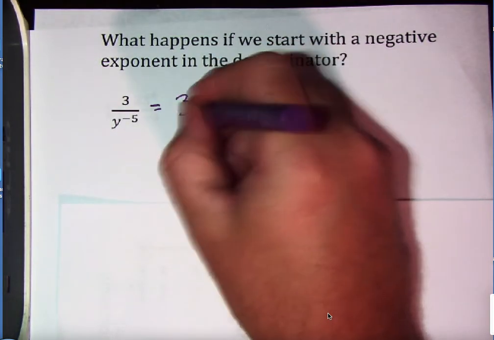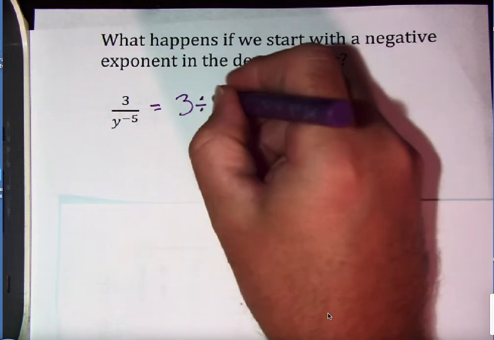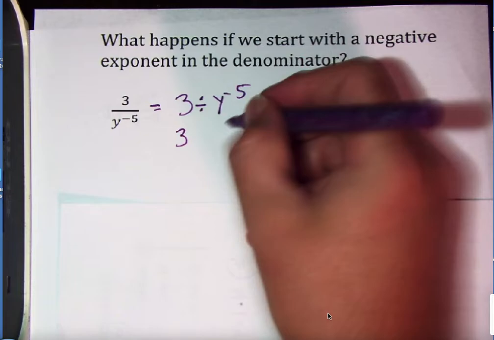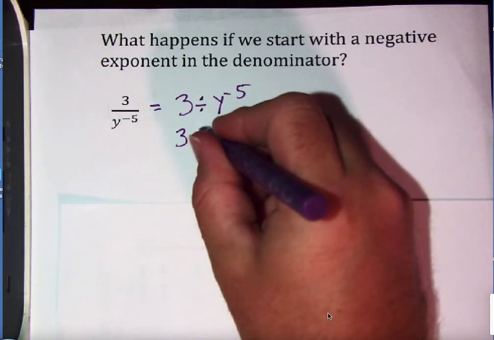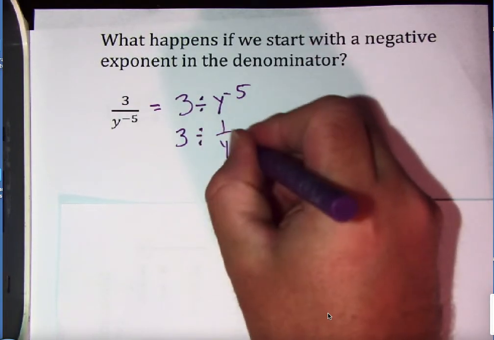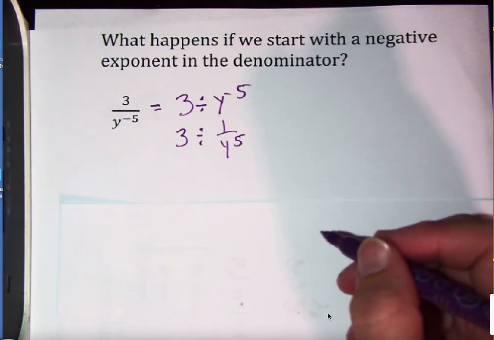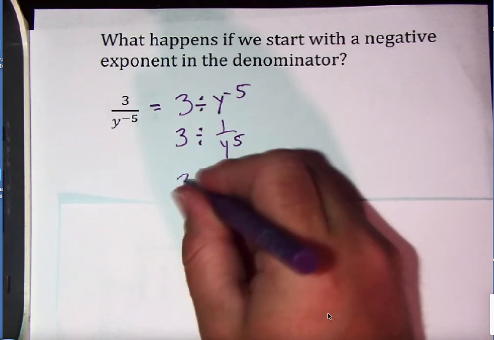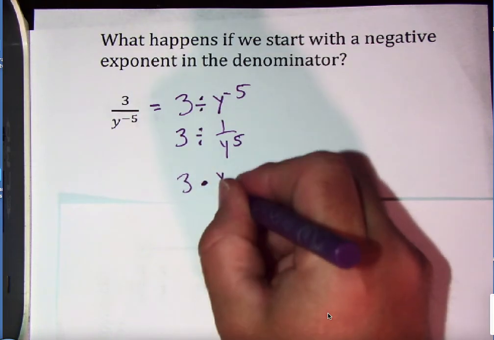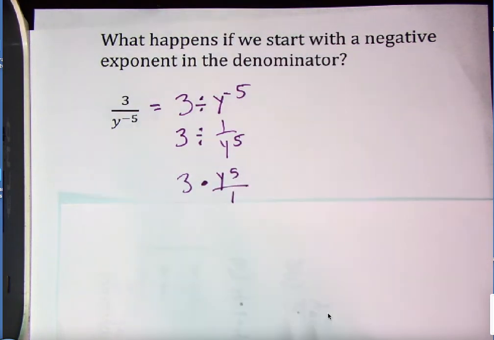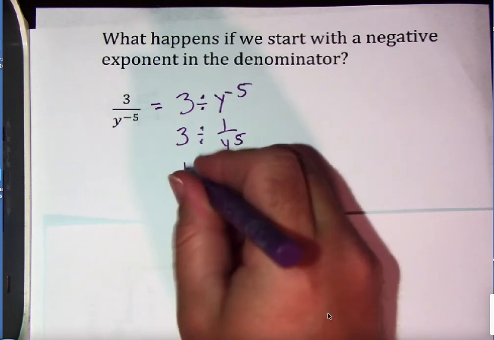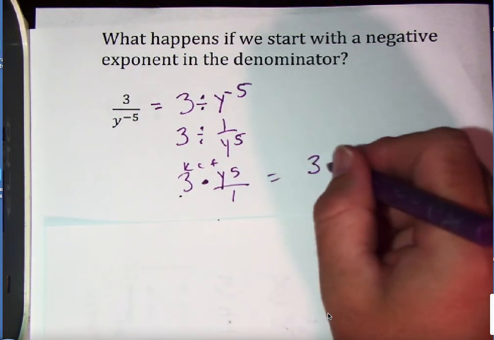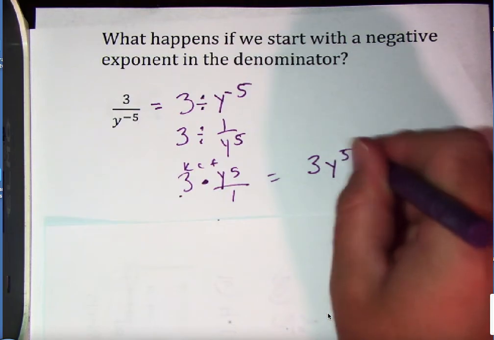That's 3 divided by y to the negative fifth, right? Which is 3 divided by 1 over y to the fifth. And we always multiply by the reciprocal, so, keep, change, flip. So we get 3 y to the fifth over 1.